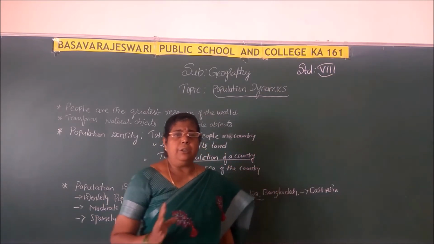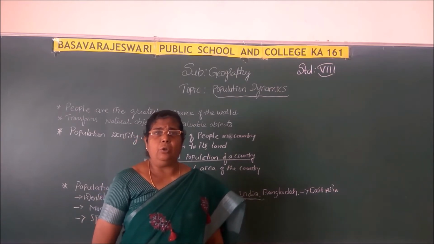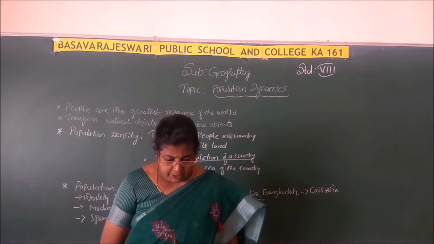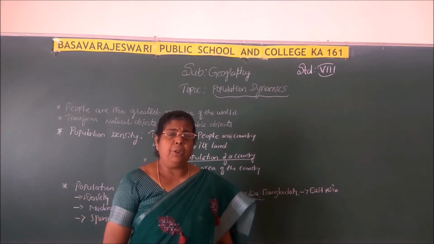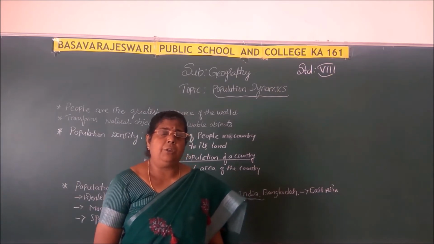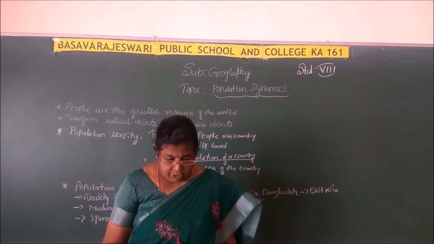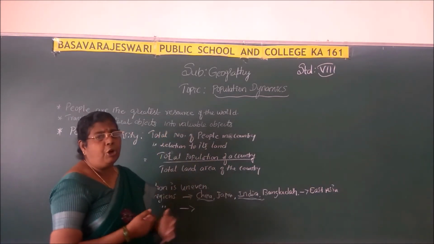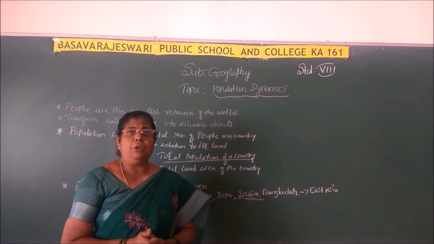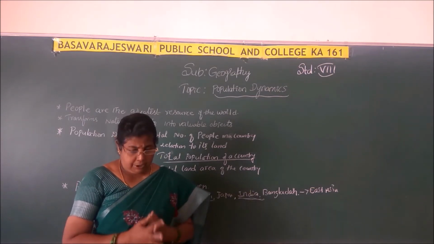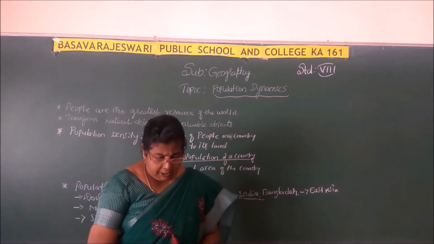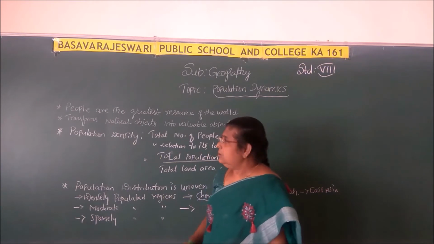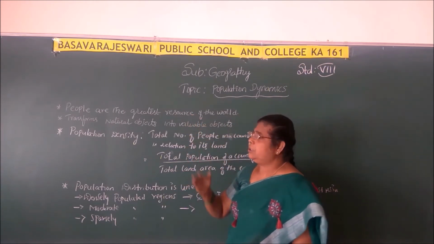Through his intellectual and technical knowledge and his super skills, he transforms all the natural objects into what he wants, that is, natural resources into valuable objects. That is the capacity of a human resource.